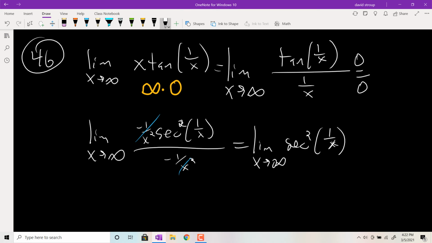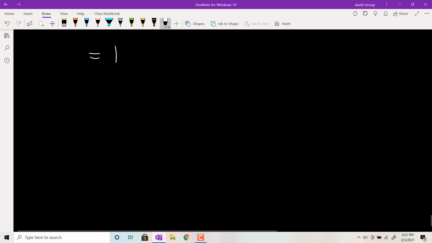As x goes to infinity, 1 over x goes to 0. And then secant squared of 0 is just 1, because secant is 1 over cosine. Cosine of 0 is 1. 1 squared is 1, so it's just going to be 1. Okay, great. Let's look at another one.